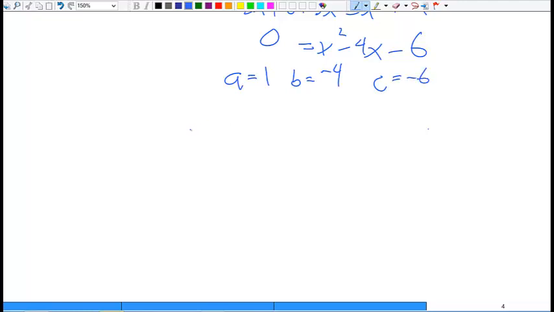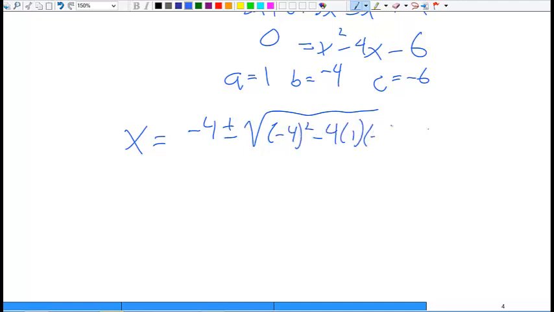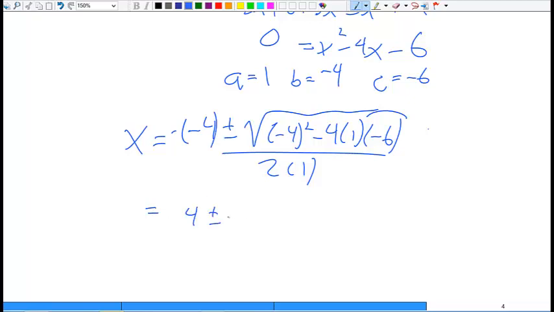So that would be -4 plus or minus the square root of -4 squared minus 4 times 1 times -6 all over 2 times 1. So that would be, -4, so positive 4 plus or minus 16 plus 24 all over 2.